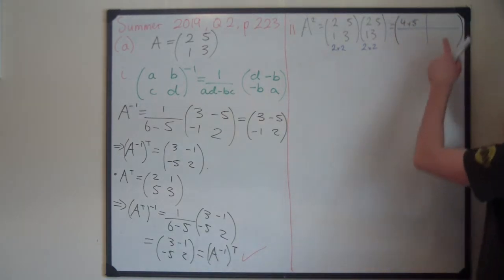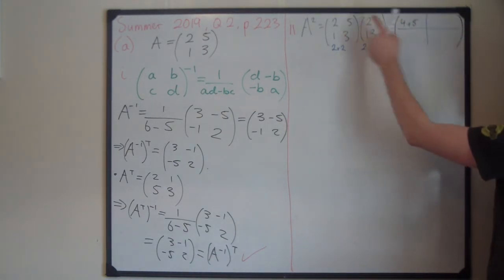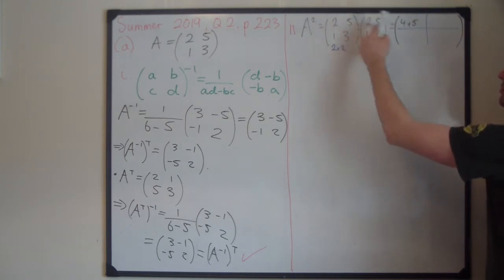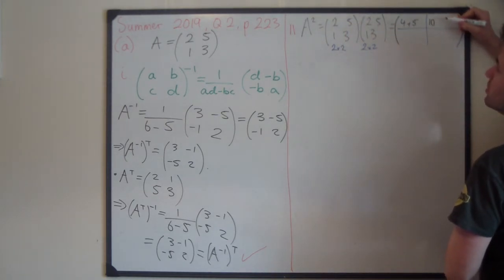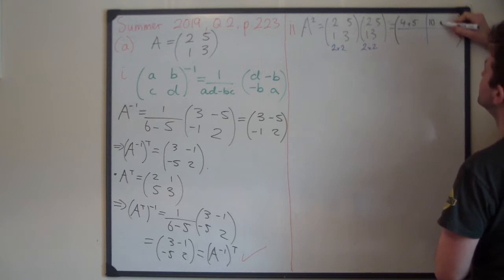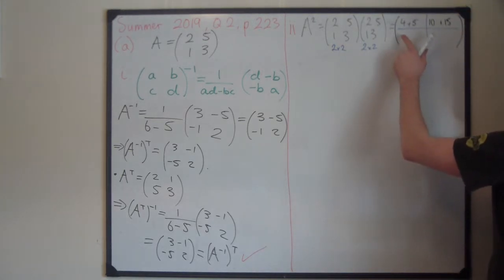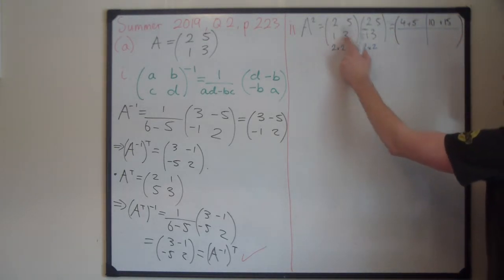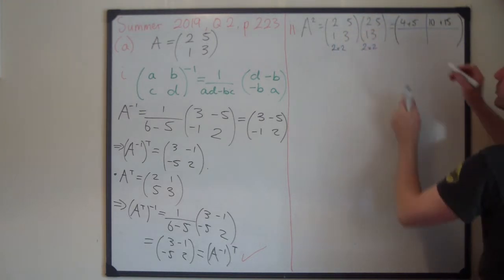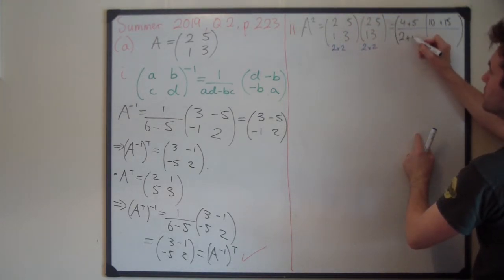Then here this is still row 1 but column 2, so you multiply row 1 by column 2. 2 by 5 is 10 plus 5 by 3 is 15. Now here, this is row 2, column 1, so I do row 2 by column 1. 1 by 2 is 2, plus 3 by 1 is 3.